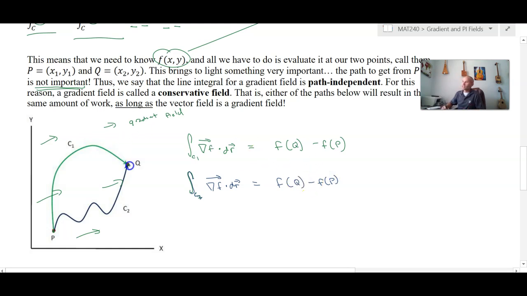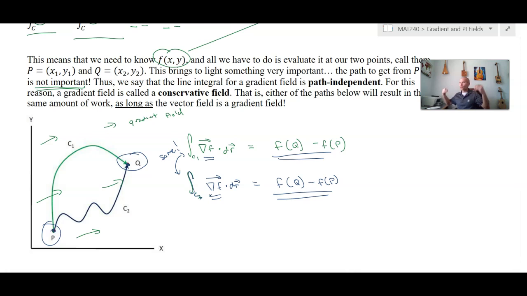So this suggests that once I integrate, I just have to evaluate the result at these two endpoints and take their difference. Since it only depends on q and only depends on p in this computation, these will be the same, again, as long as our vector field is a gradient vector. So that's one of the beauties of this.